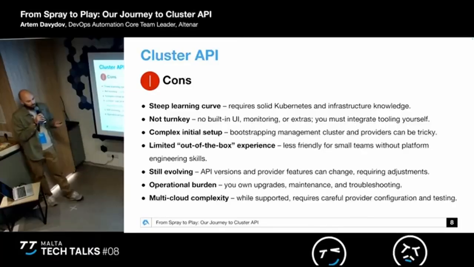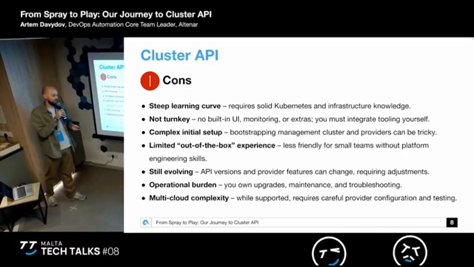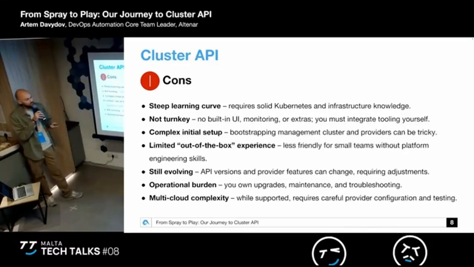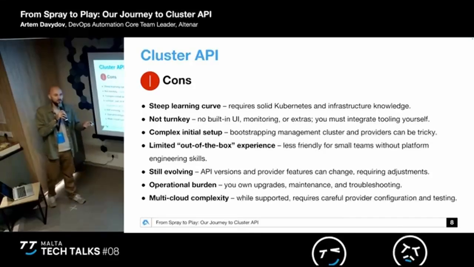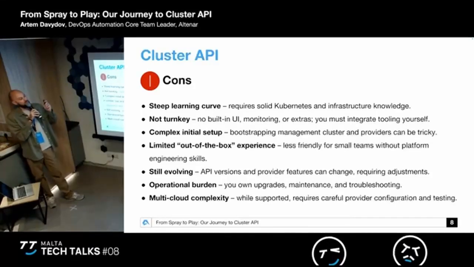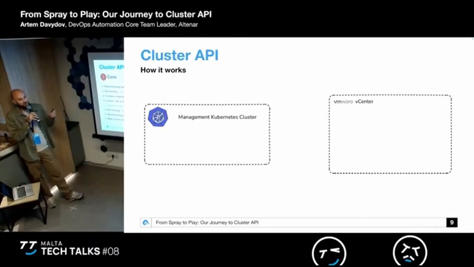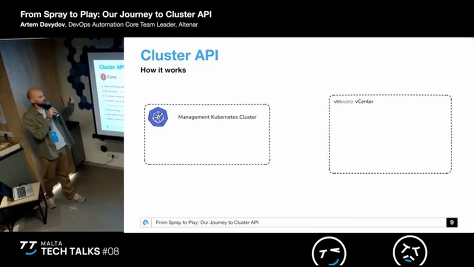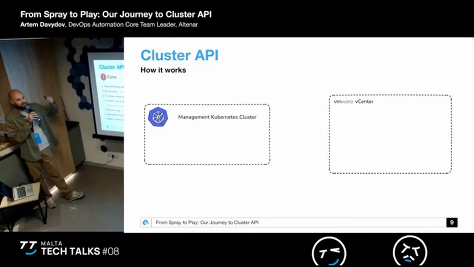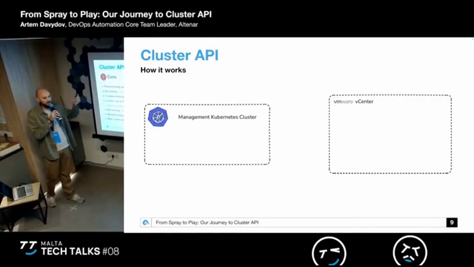So only you, and without any enterprise solutions. Also, while supported, it requires careful provider configuration and testing. What does it mean? It means that you have to have several management clusters to test your code. So you have to have a test cluster, stage cluster, dev cluster, and production.